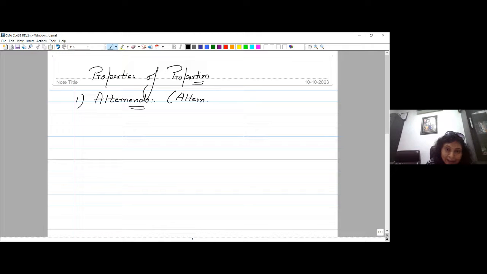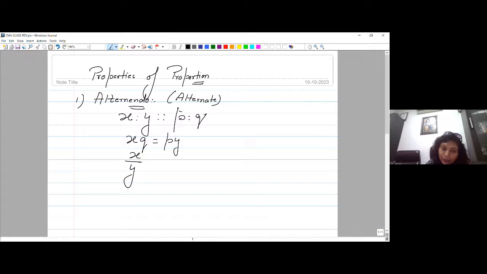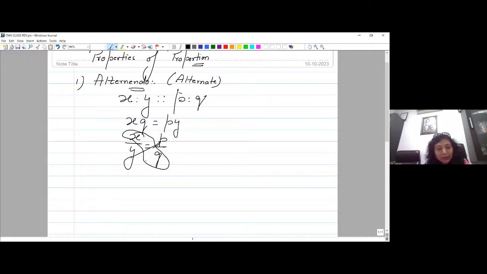Now what it says, suppose we have been given two ratios, x is to y, in proportion to p is to q. That means xq is equal to py, or we can say x upon y is equal to p upon q. Now alternando means if we alternate extreme items or we alternate mean items, then again there is no change in proportion.